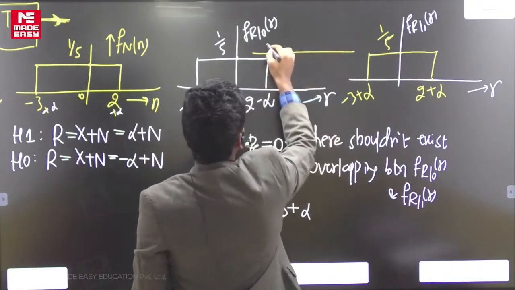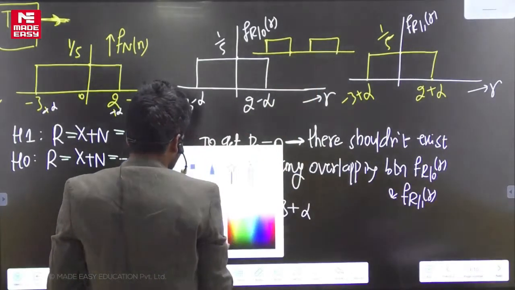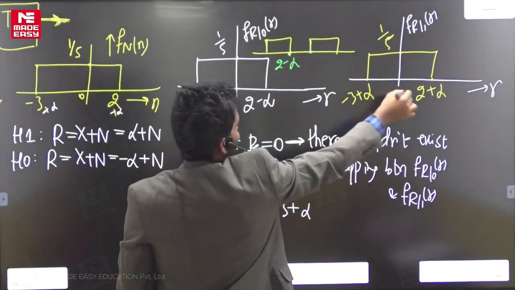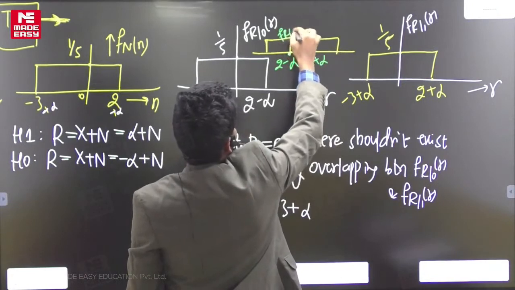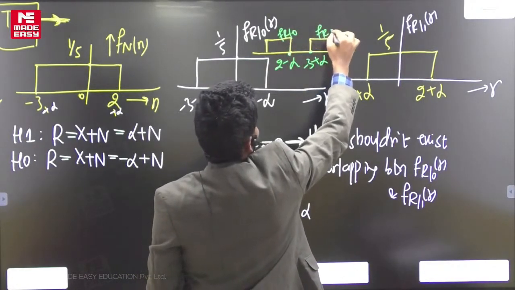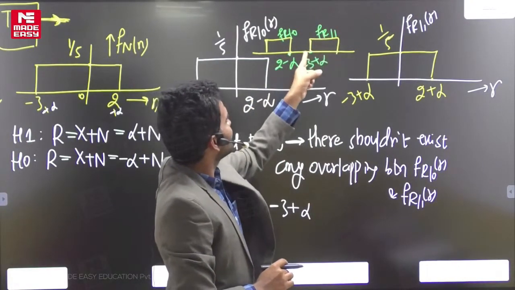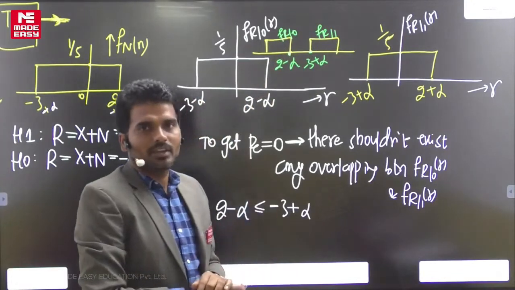If you plot both density functions in a single plot, it should look like this. This is 2 minus alpha and this is minus 3 plus alpha. This is f(r|0) and this is f(r|1).